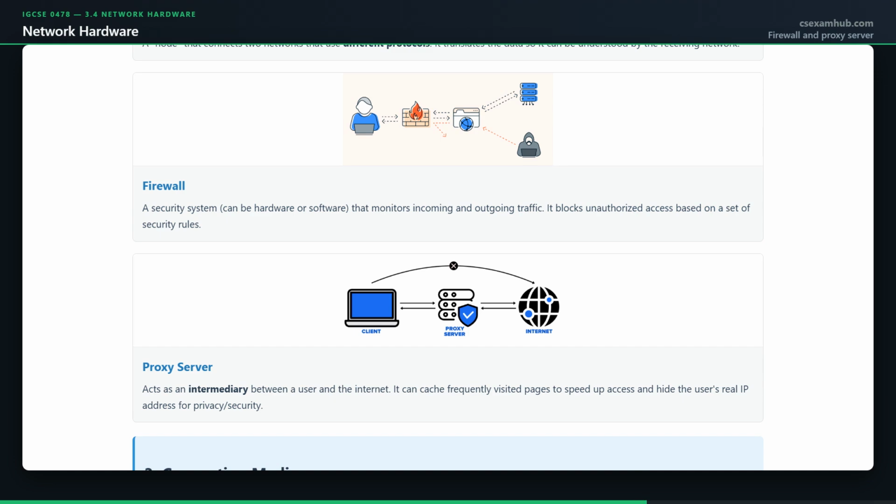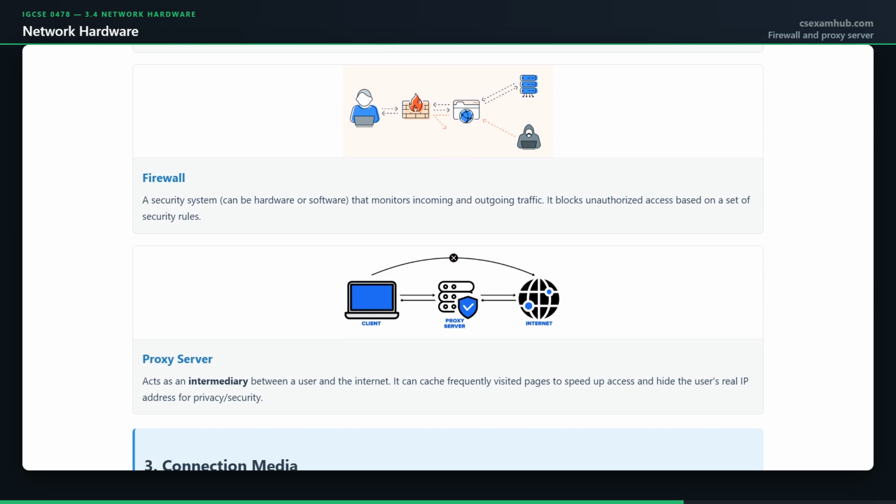And it hides the user's real IP address, since the website sees the proxy's address instead. It can also filter content, blocking access to particular sites. Both are security devices, but keep their jobs apart. A firewall decides what may pass in and out. A proxy makes requests on your behalf and can cache and hide.